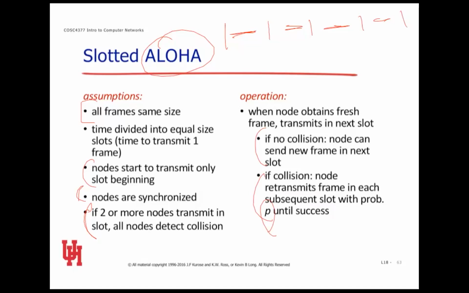So if it's a roll of a three-sided die, then a third of the time you'll transmit in the next frame, and a third of the time in the one after that, and a third of the time two after that. Why? Because the other person that collided needs to send too. So if you're lucky, you're going to roll different numbers, and the collision is gone, right? So you'll each have guaranteed to pick a different slot.